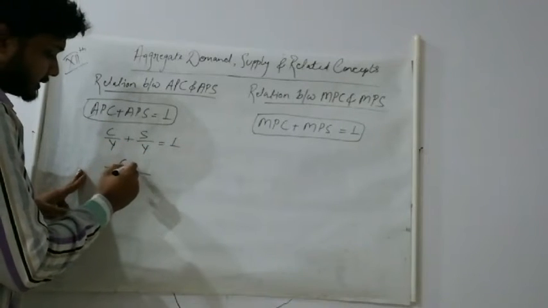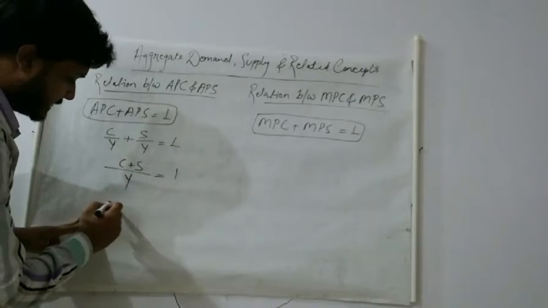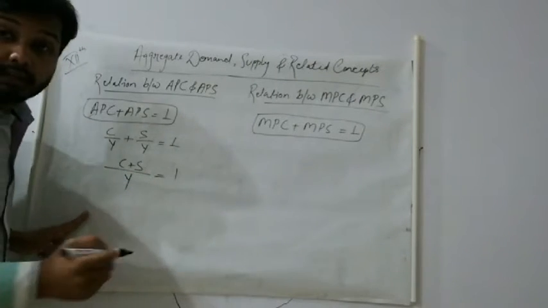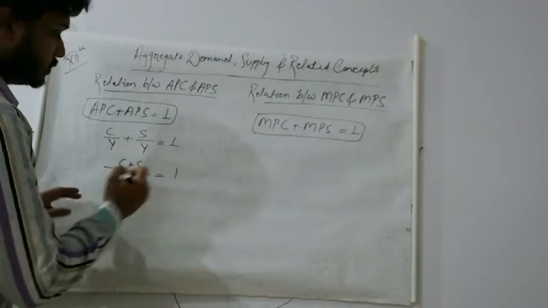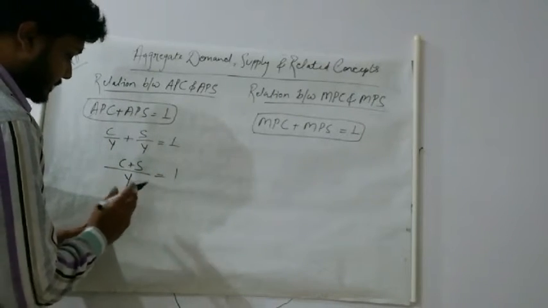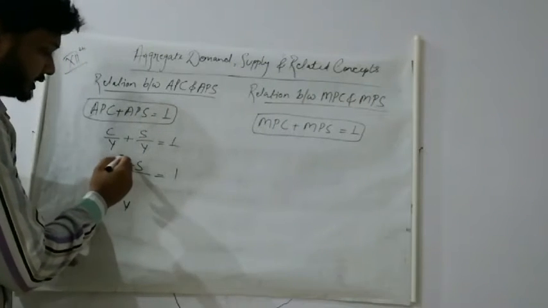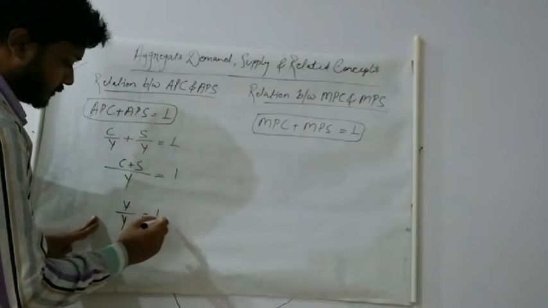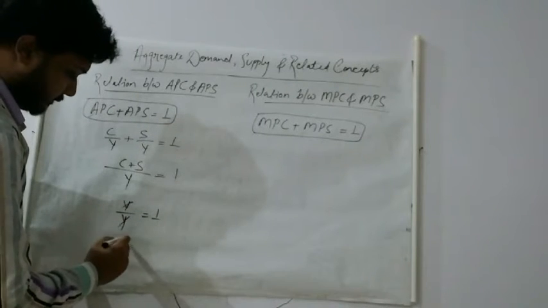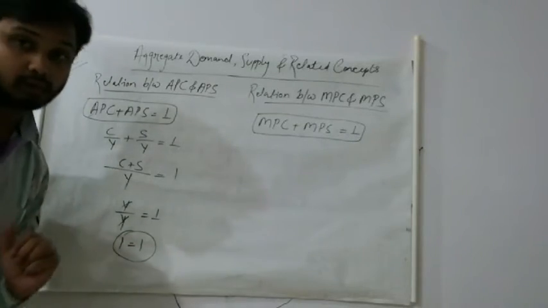C plus S is equal to 1. C plus S, students, we know that consumption plus saving is equal to income. Consumption plus saving is equal to income. This two terms upon income, 1. So this will be cancelled and we'll get 1 is equal to 1. Hence this is proved.